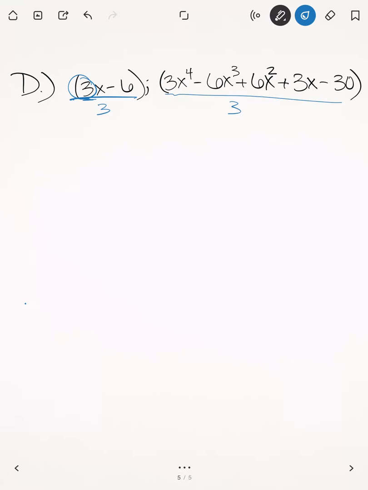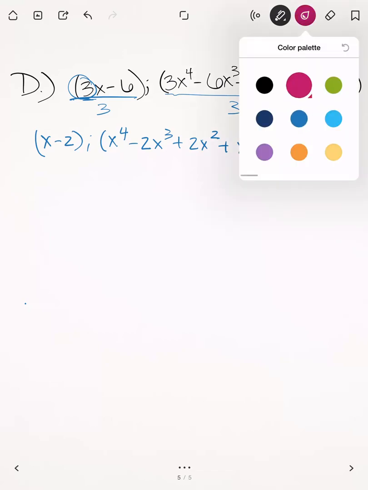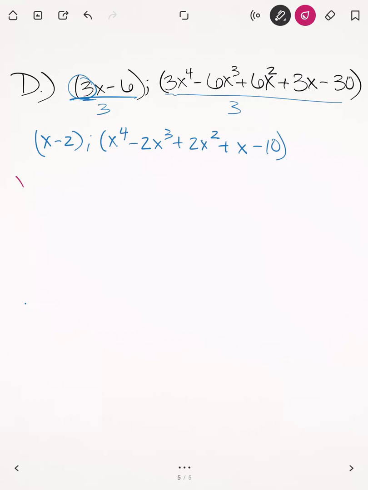So when I do that, I am left with x minus 2 for my binomial. My polynomial, if I divide everything by 3, I get x to the 4th minus 2x cubed plus 2x squared plus x minus 10. And now I do the same thing that I've been doing. So I take x minus 2 and I set it equal to 0 because it's my binomial. I solve for x. I get x equals 2.